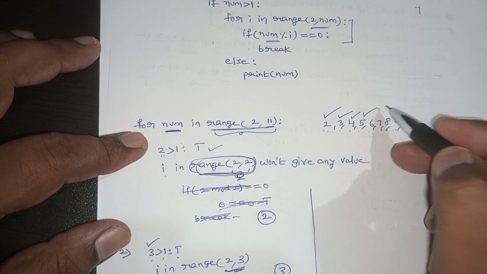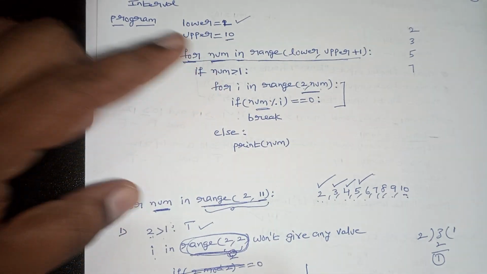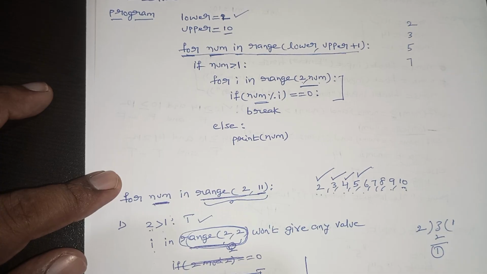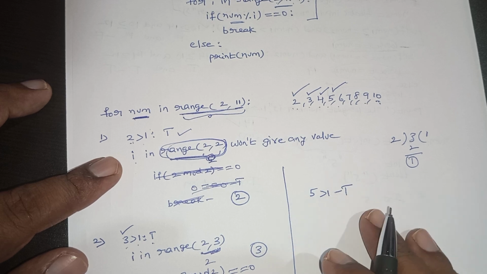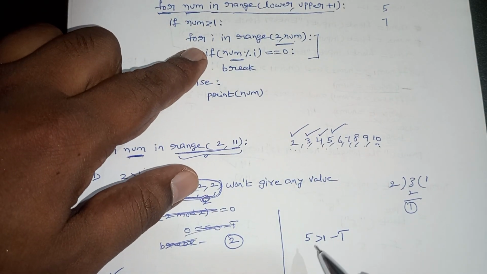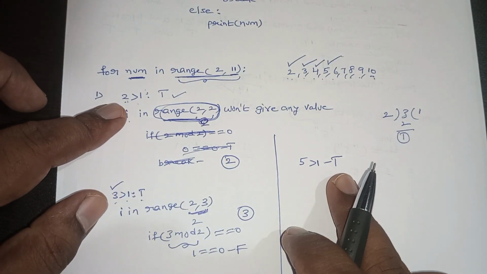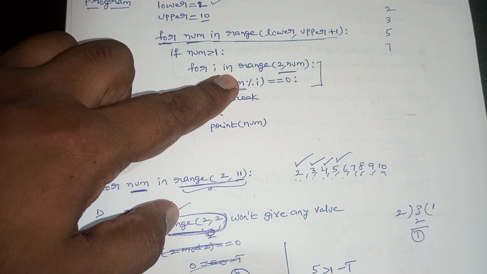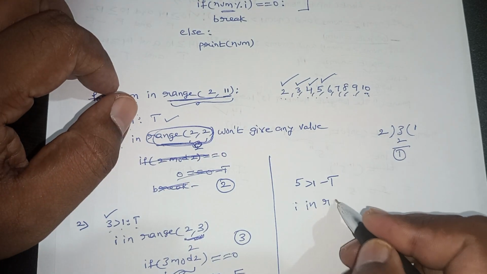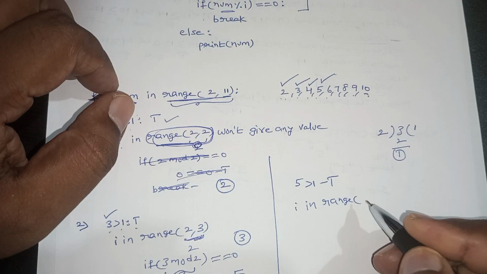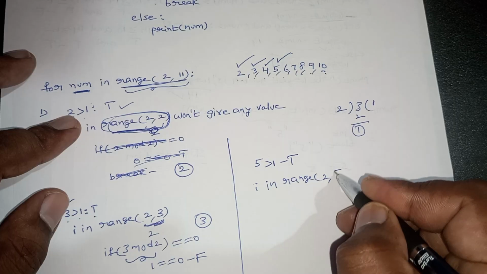Now num equal to 5. Then again we check the condition. 5 is greater than 1. Condition true? Yes, condition true. Now where do I have to come? Come to the second one. Then I am writing here i in range of 2 comma 5.